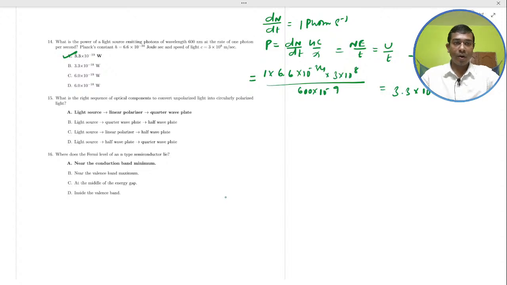Next, what is the right sequence of the optical components to convert unpolarized light to circularly polarized light? Very important question. We already discussed in the polarization chapter. The light source, linear polarizer, and the quarter wave plate. Okay.